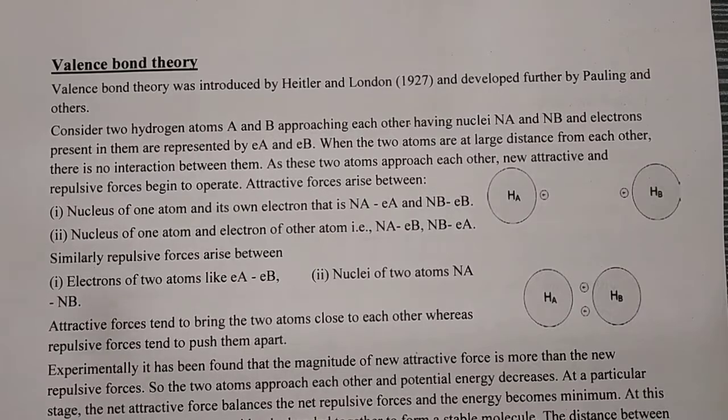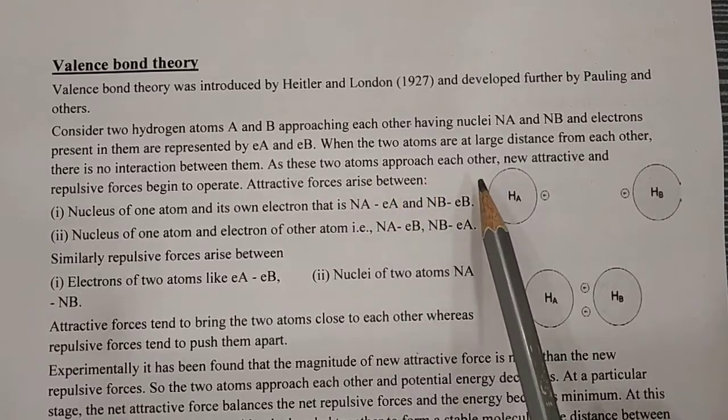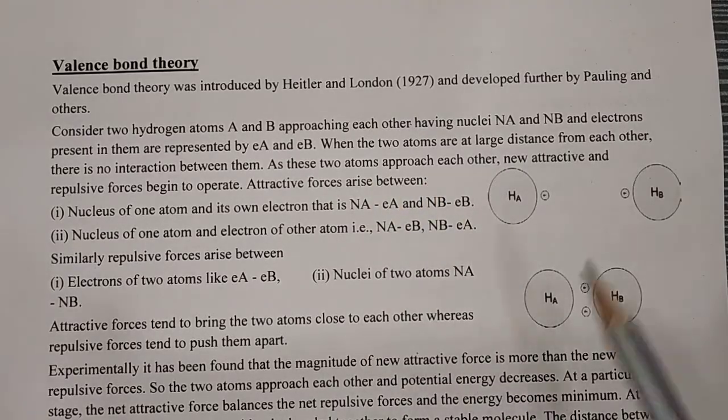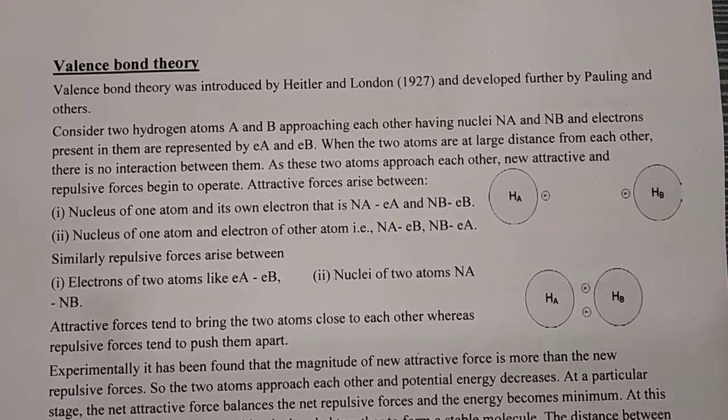As the two atoms approach together, new attractive and repulsive forces operate. So when far away there is no interaction, but as they come closer there are two types of forces: as they come closer there will be attraction forces, and repulsion forces as well. Now how many types of attractive force and how many types of repulsive force, that we have to discuss.